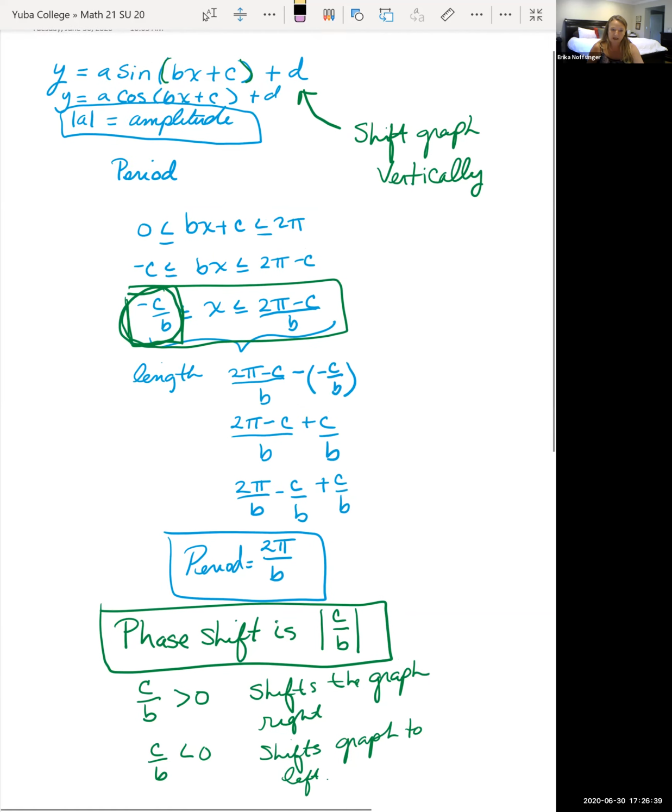But really, if we set it up like we did with our sinusoidal curve of bx, like we sandwiched it between 0 and 2 pi, you can always just figure this out without the formulas.